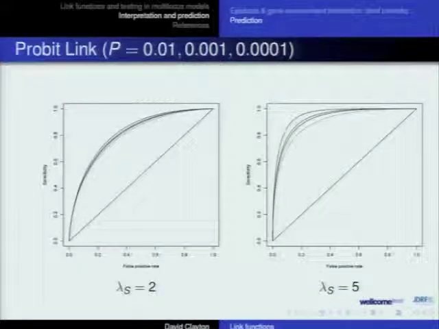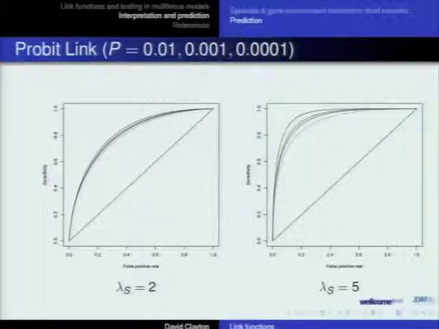Well, that's been contested by Visscher's group, and they use a probit model, and they're getting substantially better receiver operating characteristic curves. This is, for example, for a lambda S of 5, where the solid lines are the predictions of the probit model, while the dotted line is the prediction of the multiplicative, the logistic model.